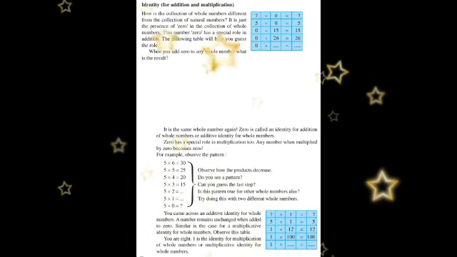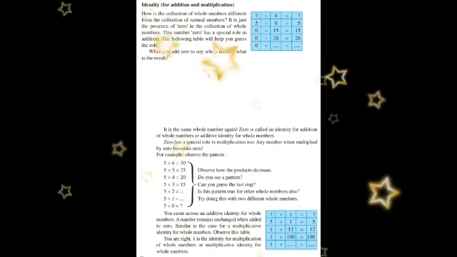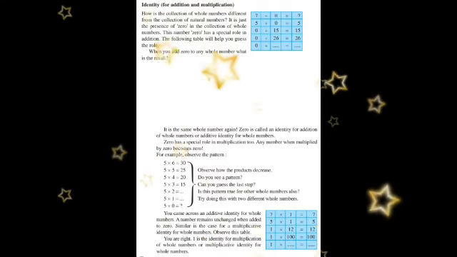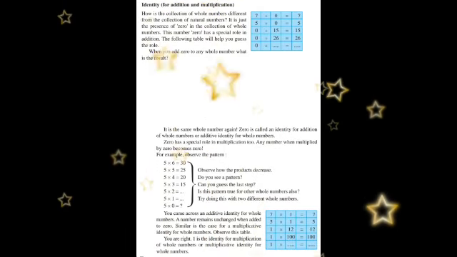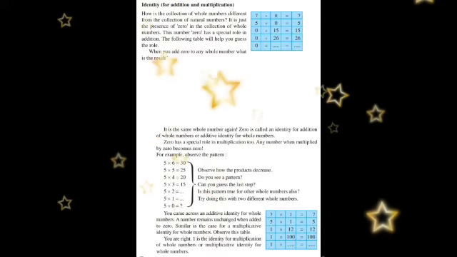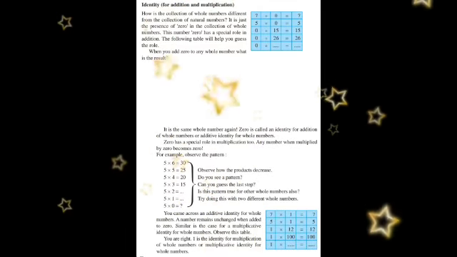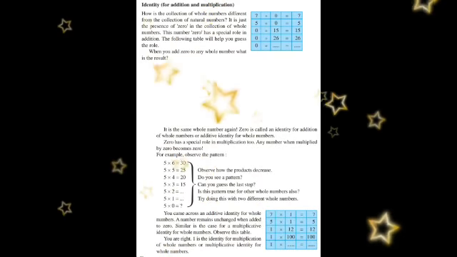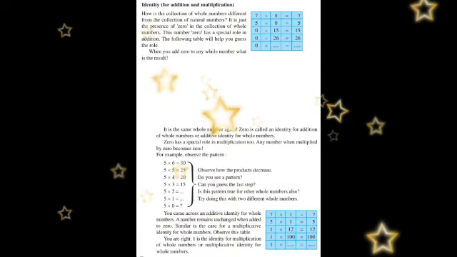The last property of whole numbers is identity for addition and multiplication. The collection of whole numbers is different from the collection of natural numbers. It is just the presence of 0 in the collection of whole numbers. This number 0 has a special role in addition.